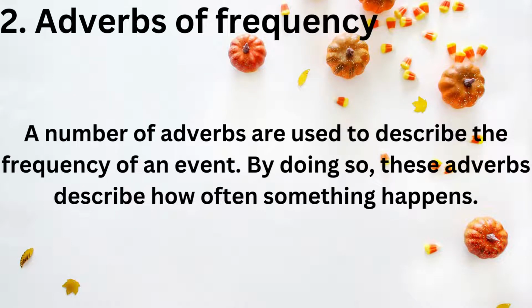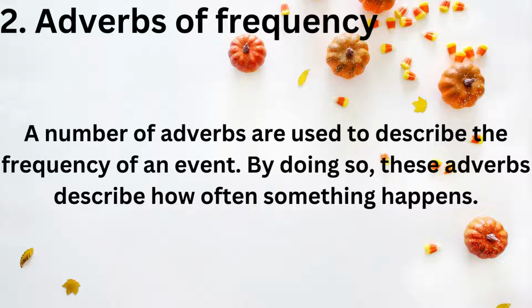Now, the second is the adverb of frequency, which is most common and my most favorite because it is the easiest to identify. It tells us about the frequency of an event or doing, that is, how many times a certain event occurred or the doing took place. A number of adverbs are used to describe the frequency of an event.